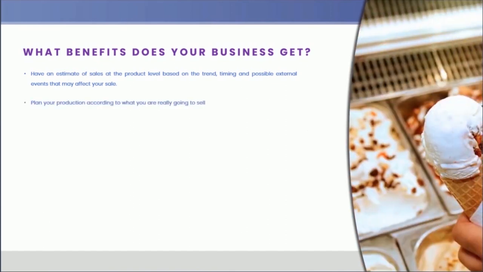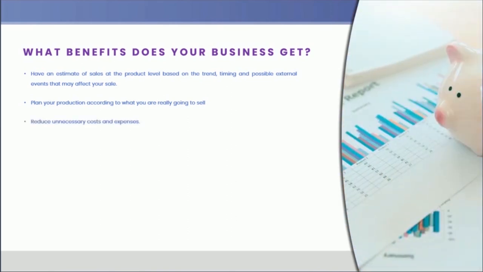Say, for example, you plan your production according to what you're really going to sell. So you can have an actual plan in regards to the product that you're going to be selling. It pretty much allows you to prepare for the future, so you can forecast what's going to be happening. And not only that, it reduces unnecessary costs and expenses.